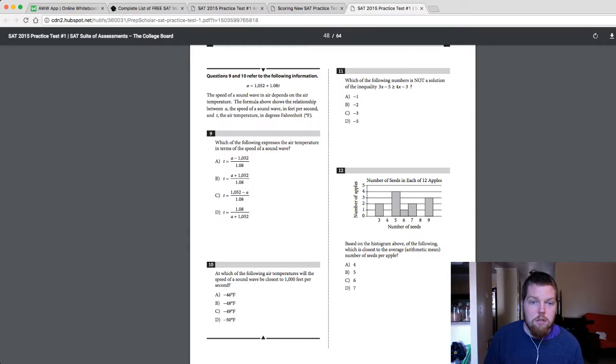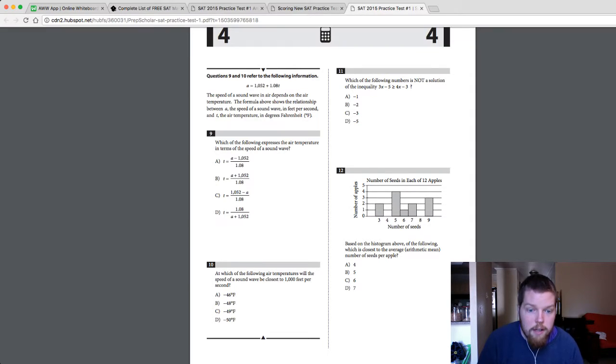Number 10, we're still going to be working with the same equation. At which of the following air temperatures will the speed of a sound wave be closest to 1,000 feet per second? So we have some negative numbers there. So you might be saying to yourself, okay, should I go through and plug in negative 46 for T and then solve for A?